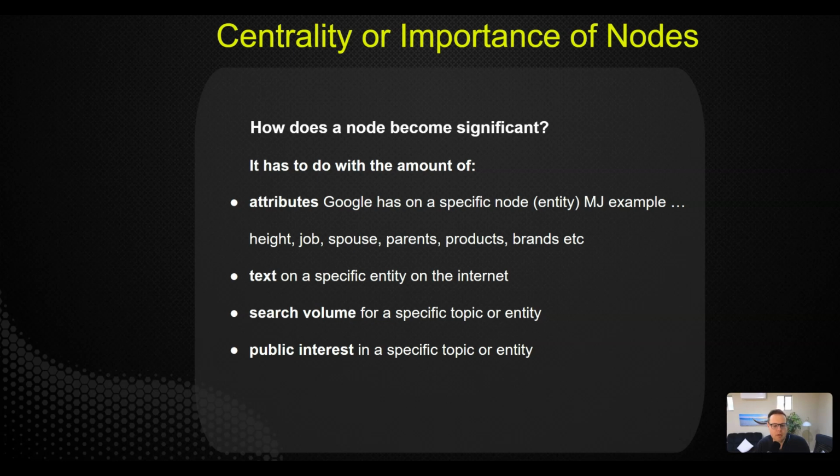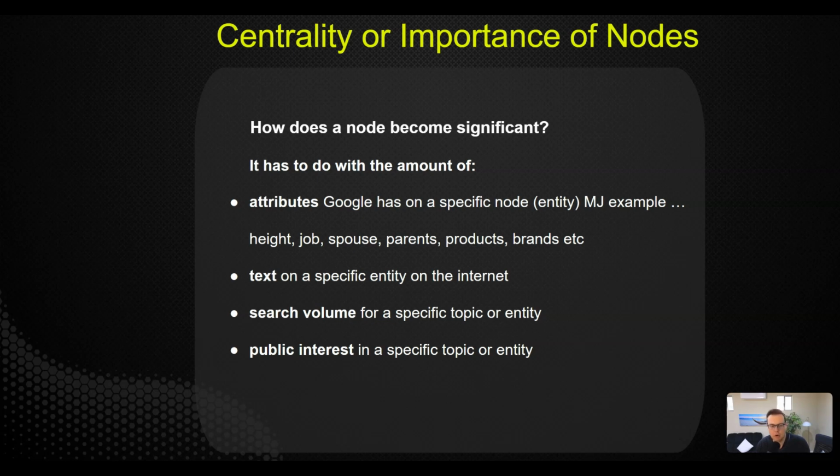And the importance could be derived through the attributes that Google has on a specific node. If we stay with the Michael Jordan example, Google knows his height, his job, his spouse, parents, products, brands, net worth, and much, much more than that. And that can signify an importance.